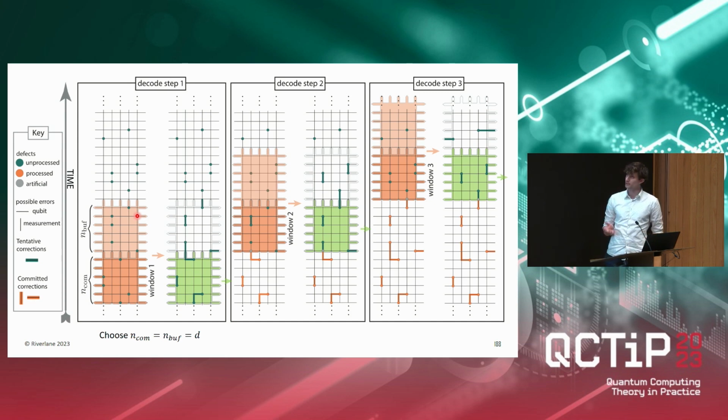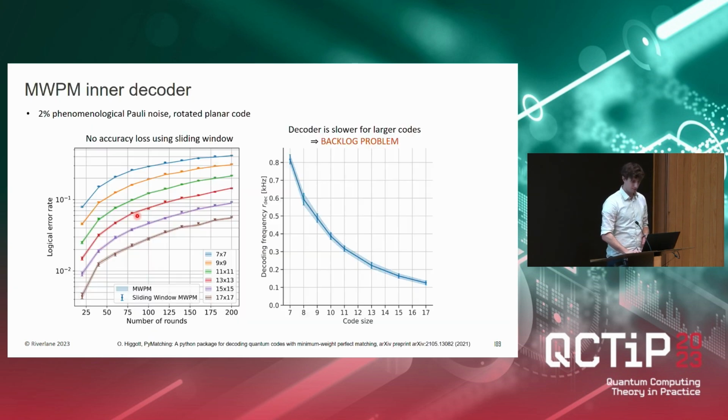And if we do it this way, we don't expect to have a drop in accuracy, as opposed to decoding this as one big problem, which would be the most optimal thing to do. And we simulated this, and that's exactly what we see. On the left plot, we are considering the global decoder, which is the lines here, so taking this whole thing as one big problem that we resolve all at once, as opposed to the sliding window, which are the points for a number of different code sizes, and looking at how the logical error rate changes as we increase the number of rounds.